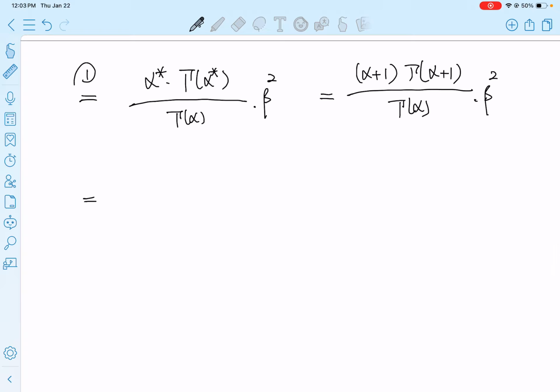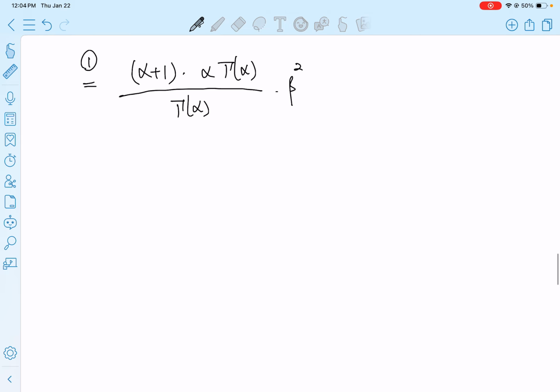We have alpha plus 1, that's already a constant, and then gamma function of alpha plus 1 is just alpha multiplied by gamma function of alpha. So again, I'm using property 1 to further simplify that term. Then we have the following, and then beta raised to the power of 2.